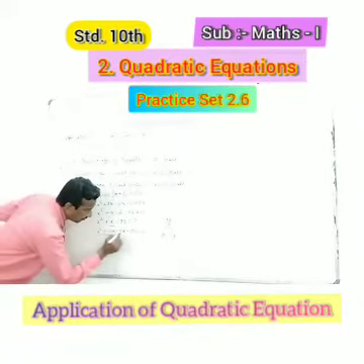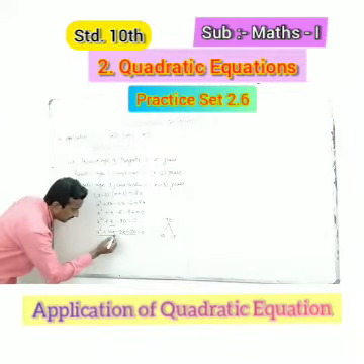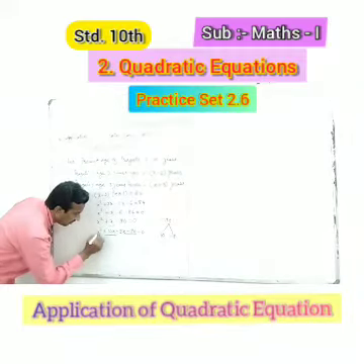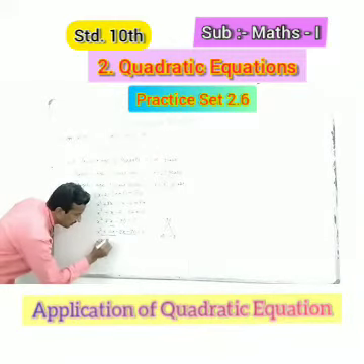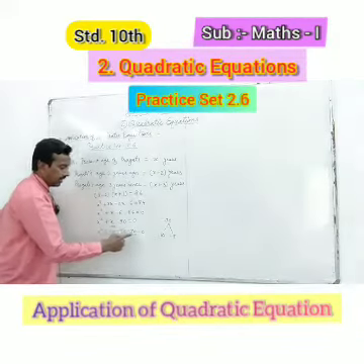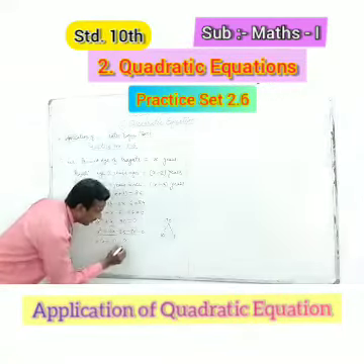Now make two groups and find common terms. x square plus 10x, x is common, the remaining term is x plus 10. In the second term, minus 9x and minus 90 are both divisible by 9, therefore 9 is common.